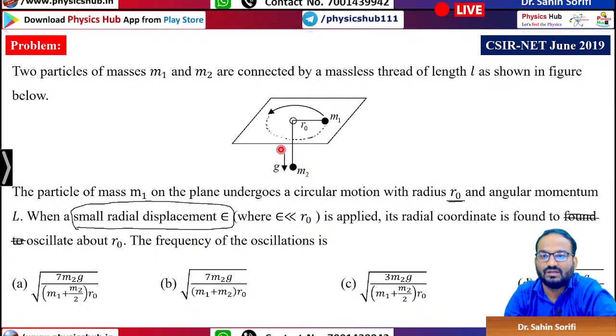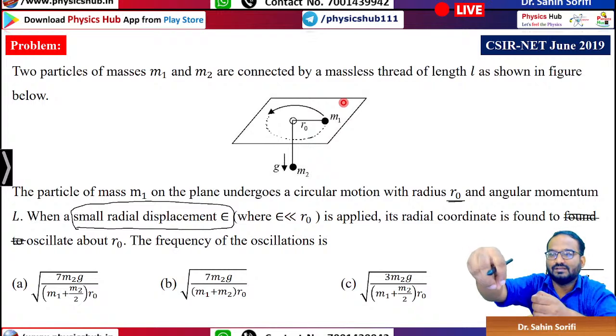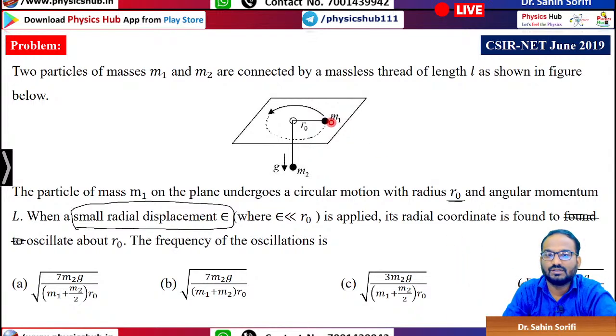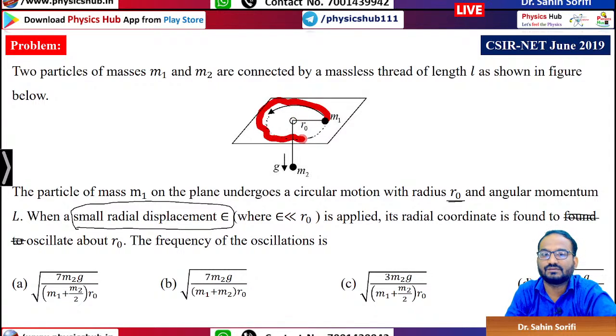Now what it had said is that a small radial displacement, along this direction, if you take the mass and give it a radial displacement, what will happen? It will oscillate about this mean radius. So you have to find out the frequency of that oscillation.